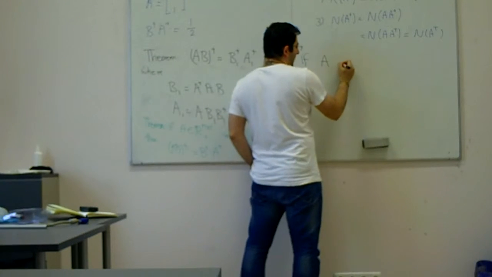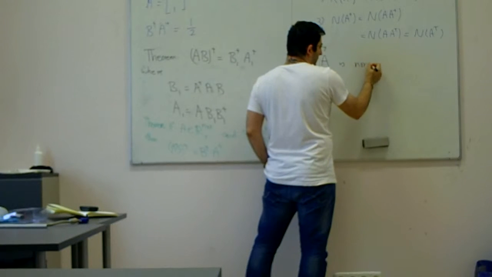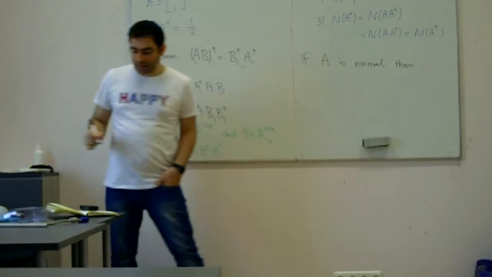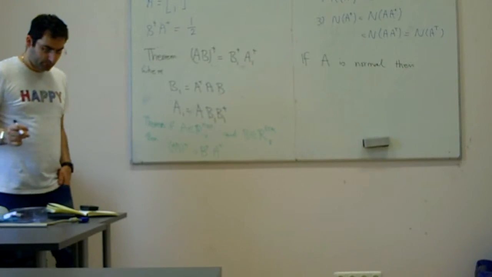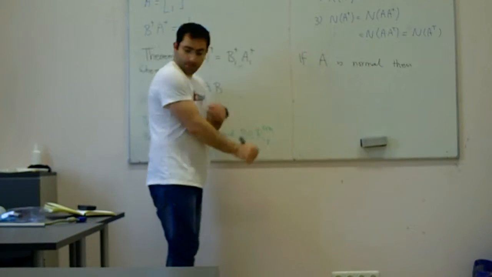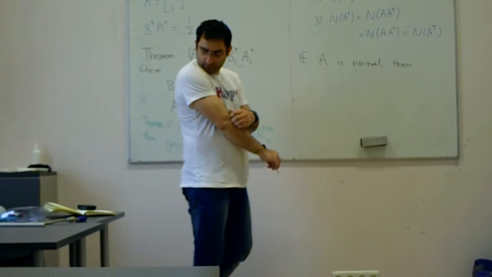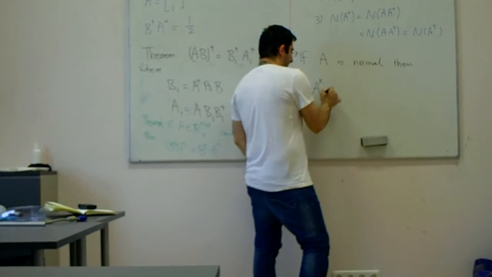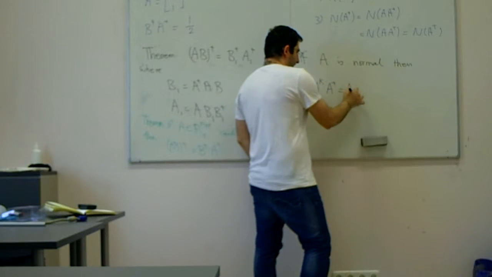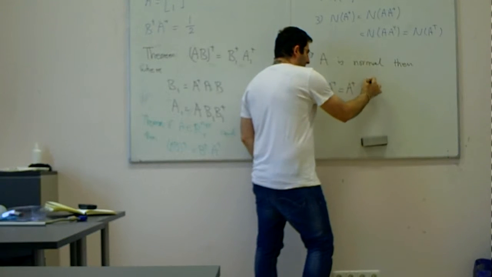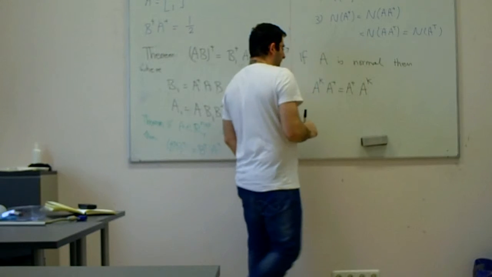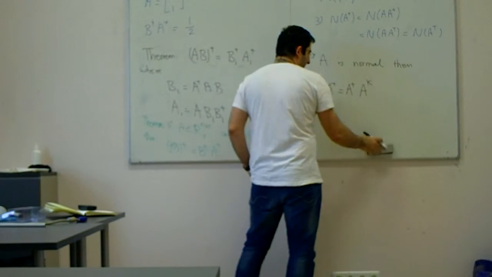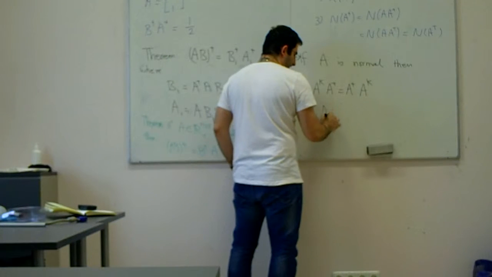If the matrix A is normal, then we can interchange A to the power k multiplied by the pseudo-inverse of A with the pseudo-inverse of A multiplied by A to the power k.